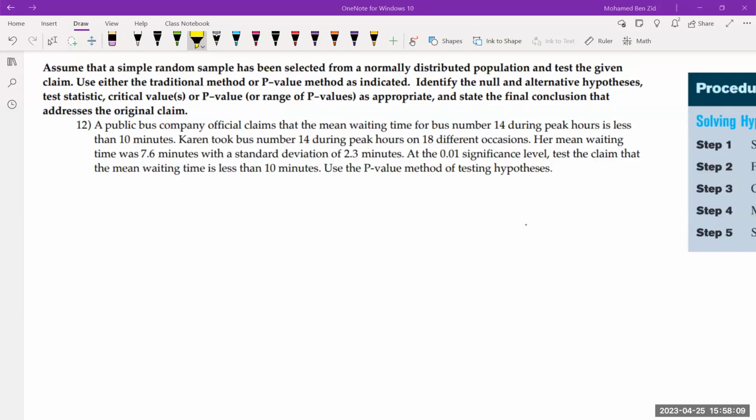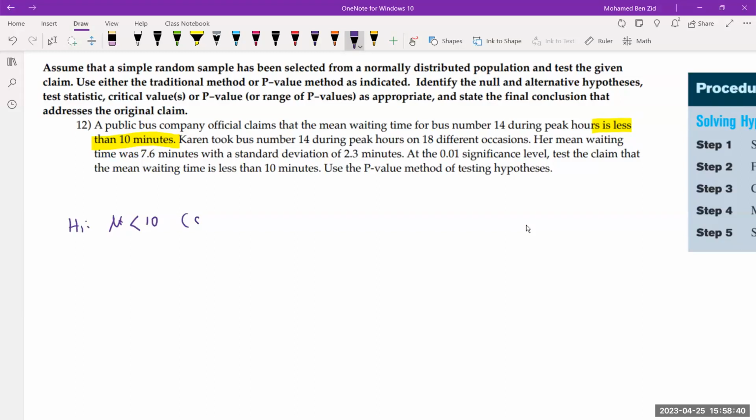So what we have here, a public bus company official claimed that the mean waiting time for the bus number 14 during peak hours is less than 10 minutes. So this is my claim, right? Less than 10 minutes. If I write it down, it's going to be the mean less than 10. And because it is strictly less, this is definitely H1.